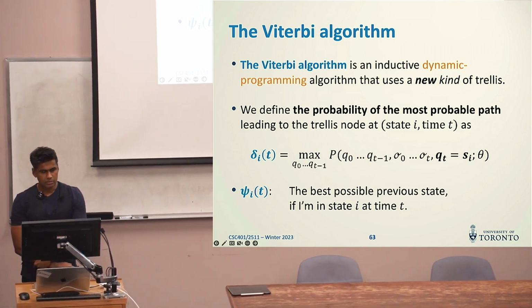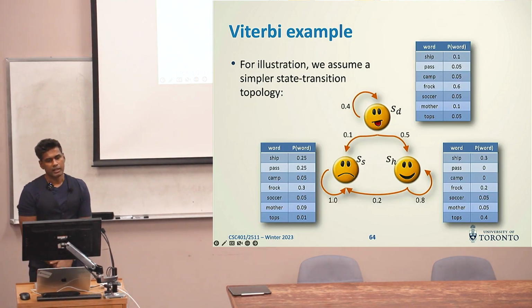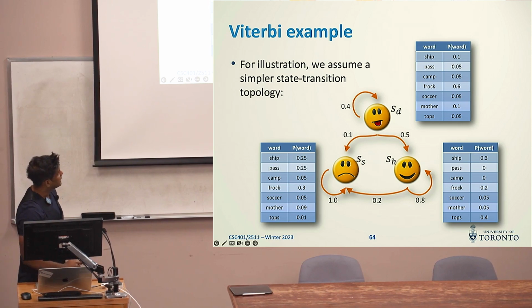Okay, so let's look at an example to illustrate this, and we will use this as our running example. So these are the emission probabilities per state. For this running example, just remember that you don't have any arrows.